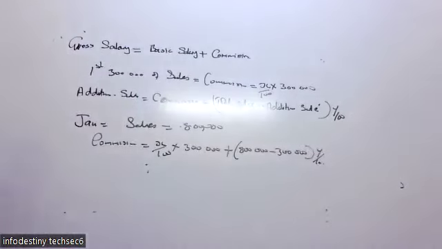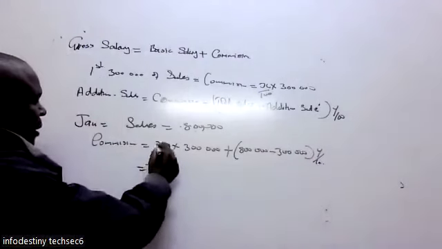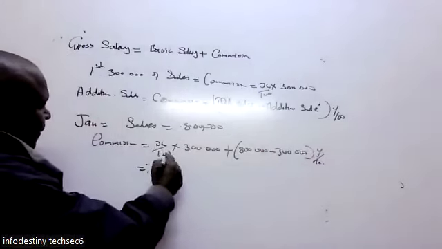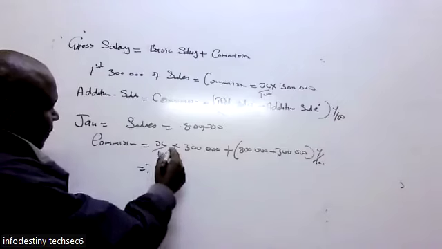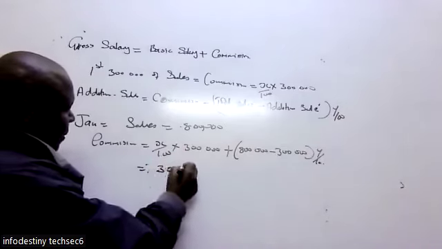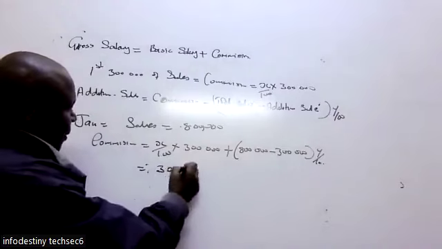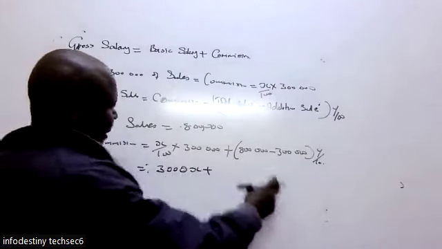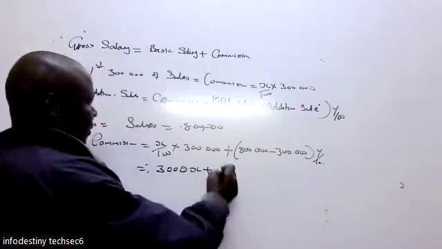So that's going to give us 3,000x plus 5,000y.